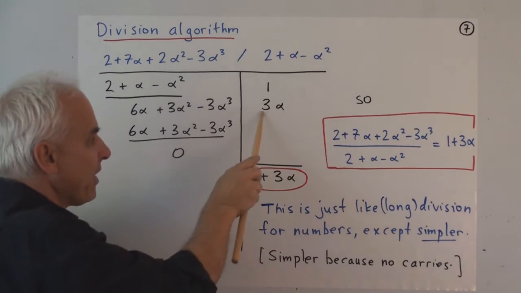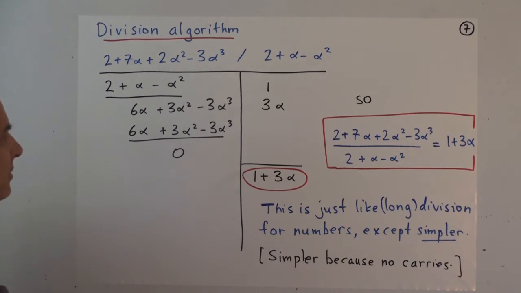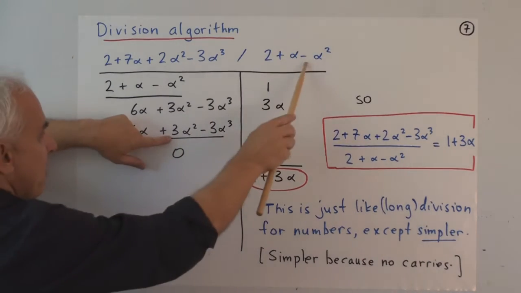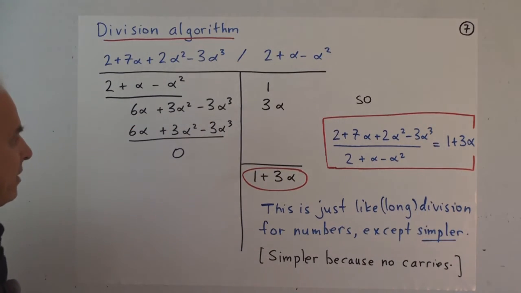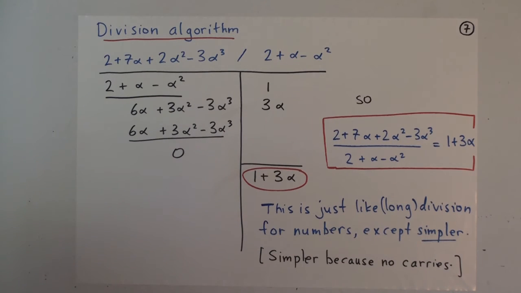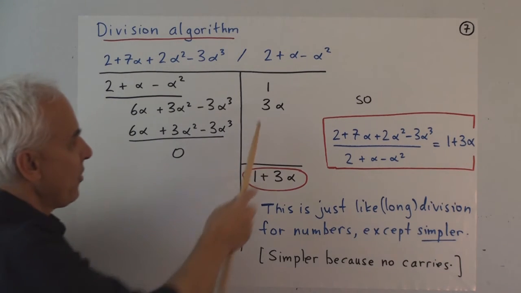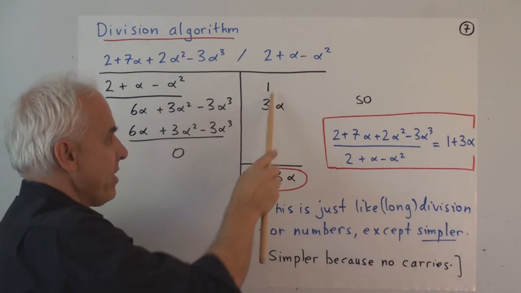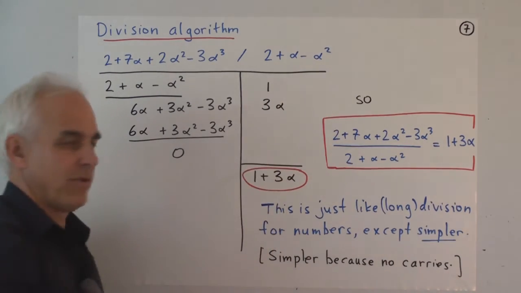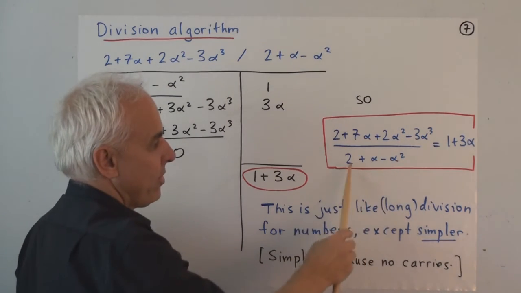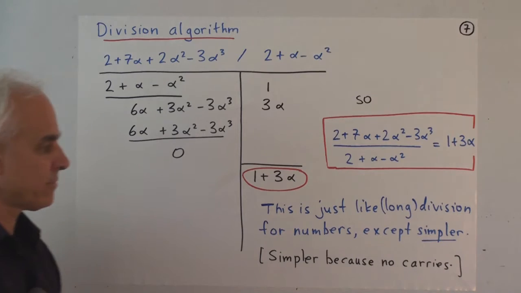In other words, we'll multiply this by 3 alpha, giving us 6 alpha plus 3 alpha squared minus 3 alpha cubed. When we take the difference, we get exactly 0. So altogether, we've taken away how many copies of this? 1 plus 3 alpha copies of this. And so that's the answer.